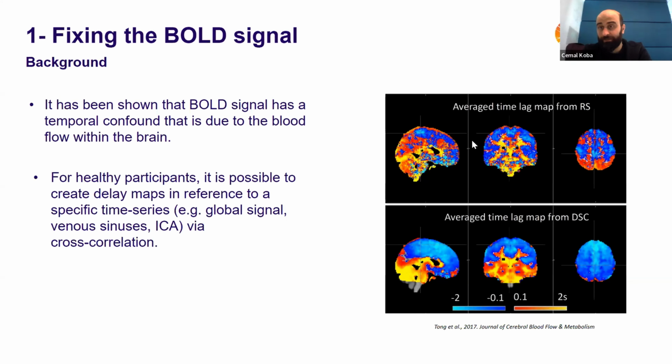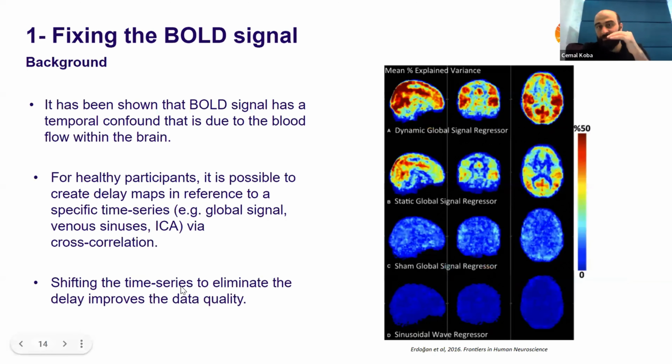And this delay mapping can be used to track the information flow. So you can see there is a flow from, again, internal carotid arteries to venous sinuses that reflects the susceptibility mapping, and there are also other studies showing this with perfusion. So this can be used as a time reference for the signal.